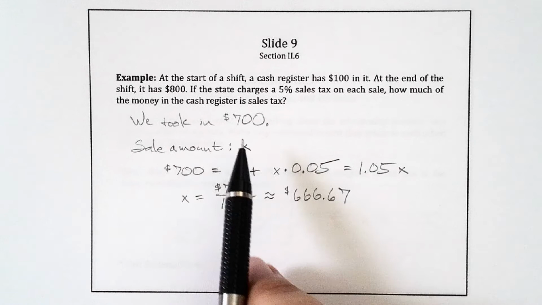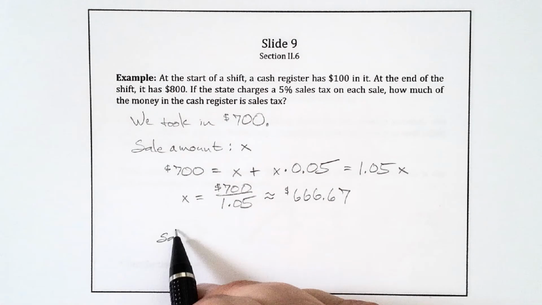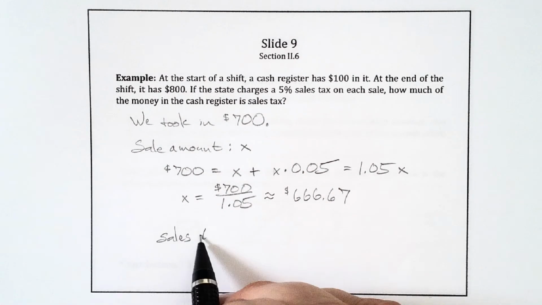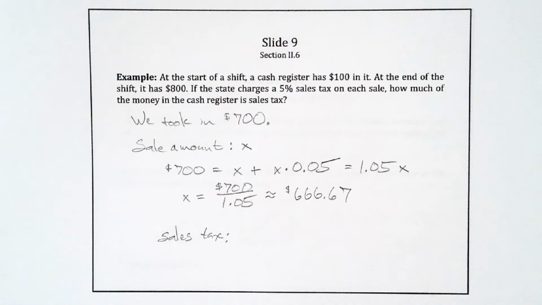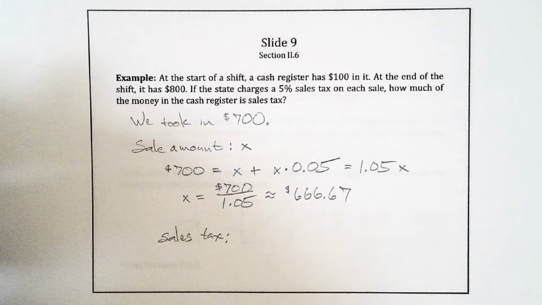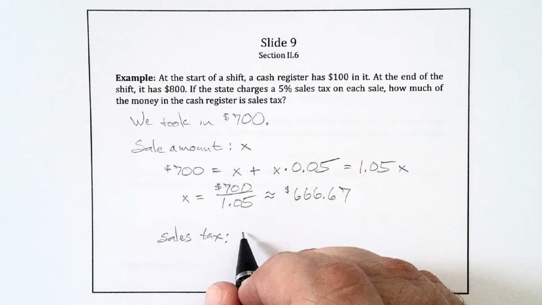Or you could just take the difference. So either way, the sales tax is going to be what makes up the difference. We get 33.33.